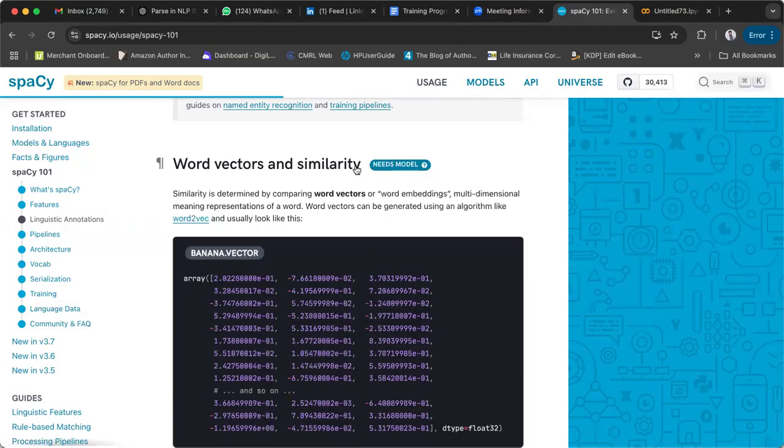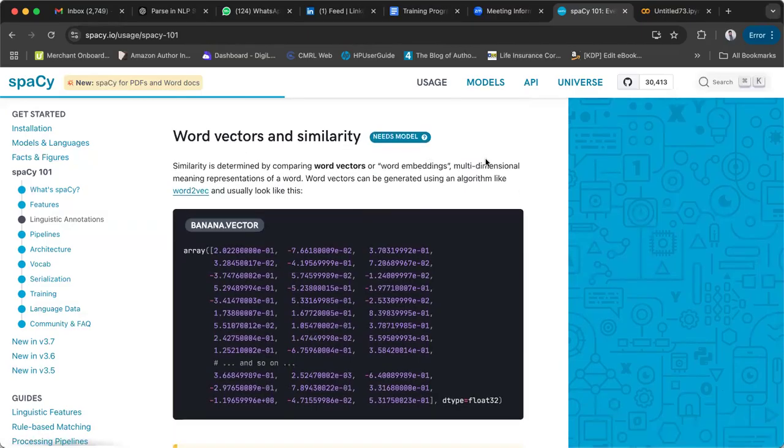The word vectors and similarity. This is another important aspect of natural language processing. We already saw some information on how vectors work and how a vector is defined, right from the SVM models.